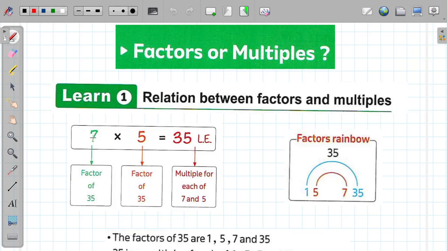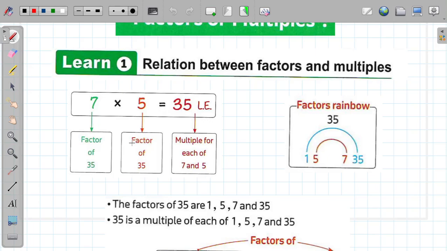Or if I want to connect between 7 and 35, I can say 7 is a factor of 35, or I can say 5 is a factor of 35. So in this multiplication relationship between the two sides, I can define the factors of a number and the multiple of another number, okay?